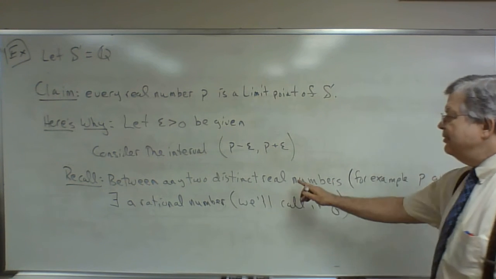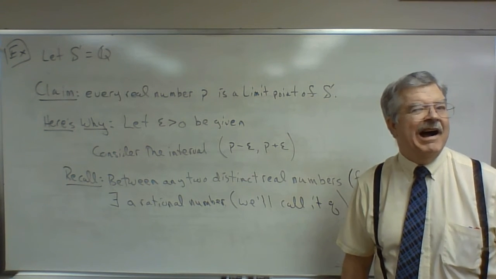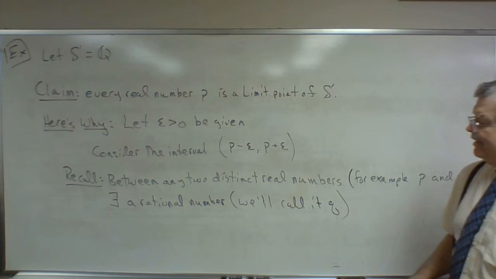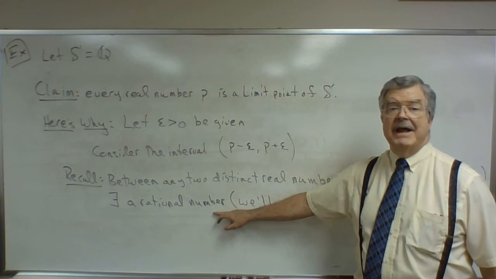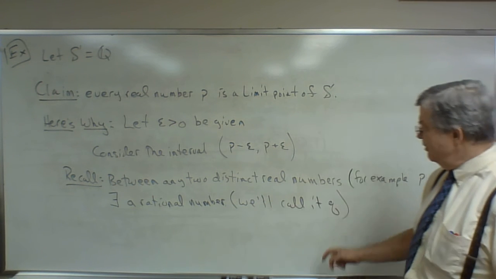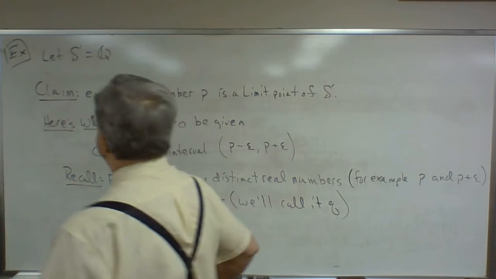Between any two distinct real numbers, for example, P and P plus epsilon, there exists a rational number, actually infinitely many of them. But there exists a rational number, and we'll call it Q. So what does that look like?